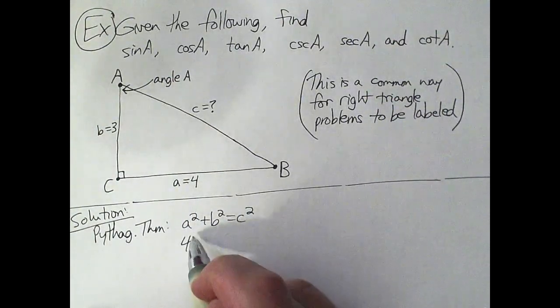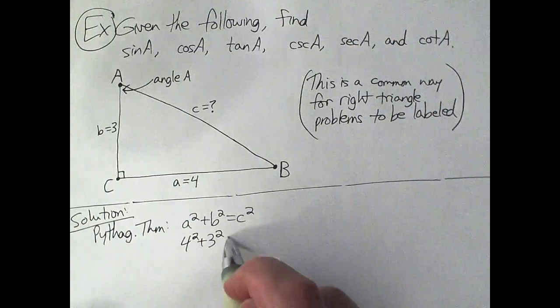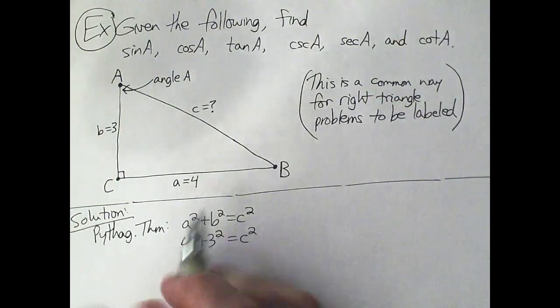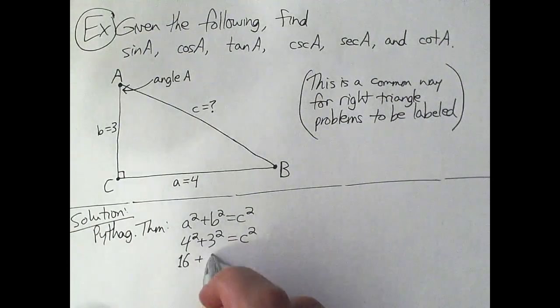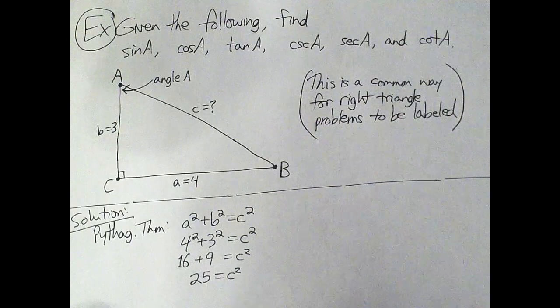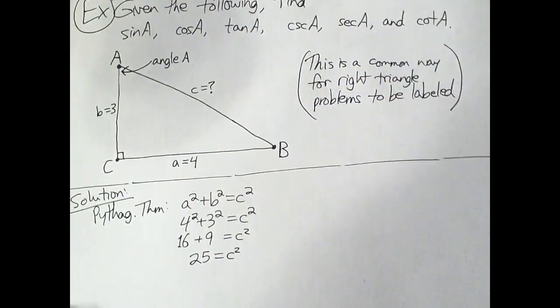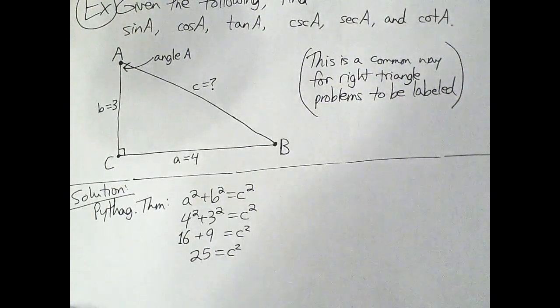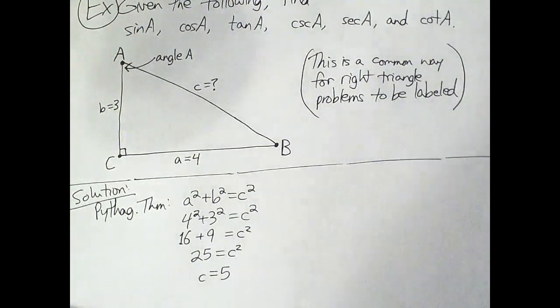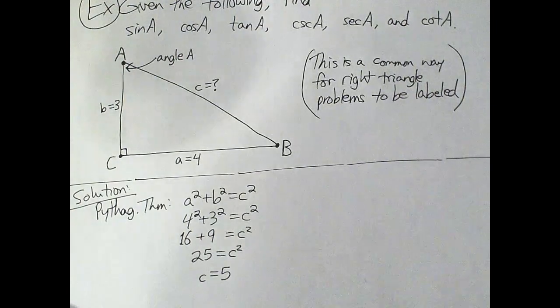So 4 squared plus 3 squared equals c squared. 4 squared is 16, 3 squared is 9, so we get 25 equals c squared. Take the square root, but we only need the positive version of it, so c is 5. All right, good. So anytime c comes up in this problem, we're going to use 5.